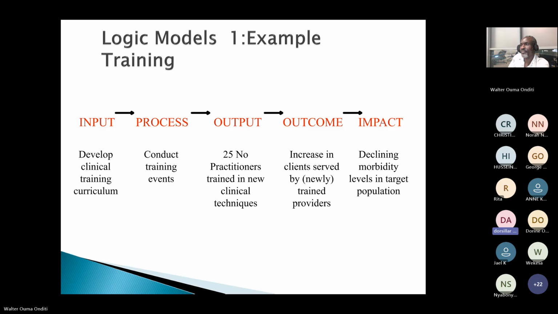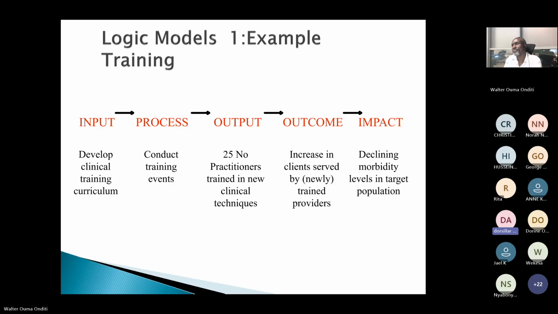So I decided to come up with a project, and I used this logical model. In the inputs, I developed a training curriculum for peer counselors. And then in the process, conducted training on peer counseling.